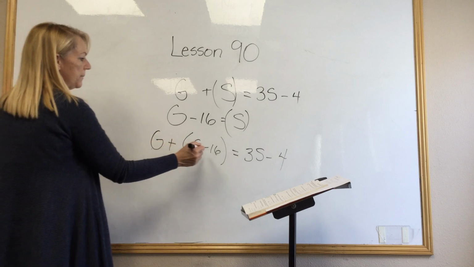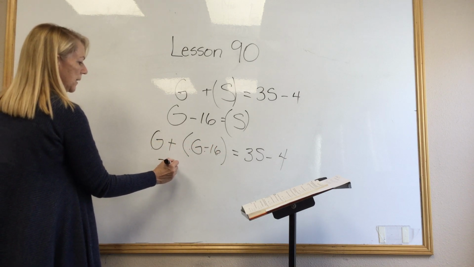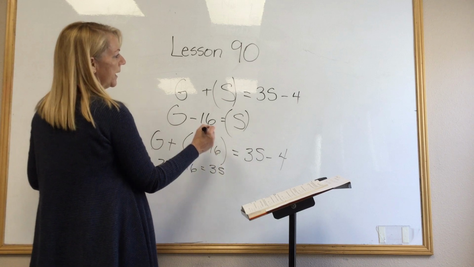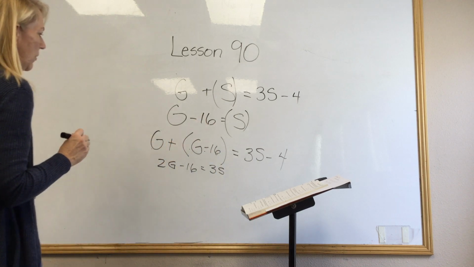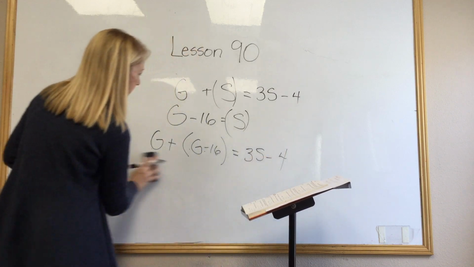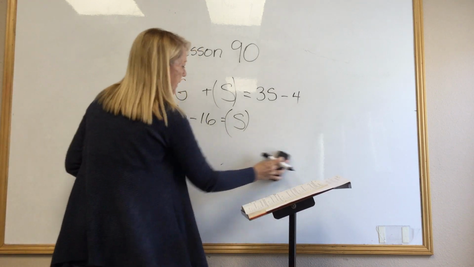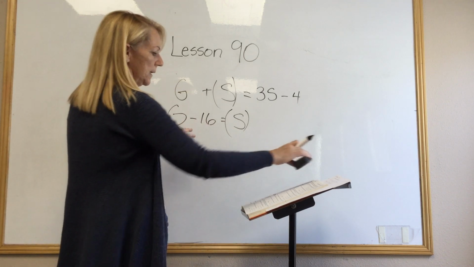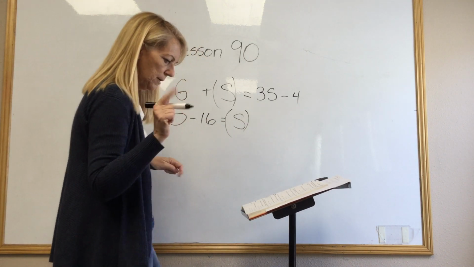Sorry, I did that wrong. I can't have more than one variable, can I? All right, so S equals G minus 16. Let me get this straight.